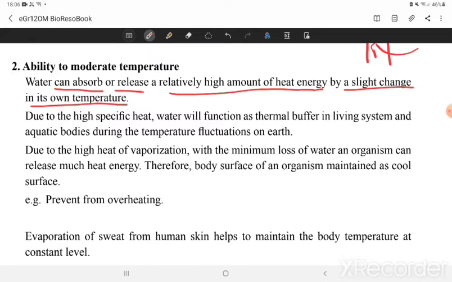So when water releases heat or when water absorbs heat, the change in temperature is not very large, right? Now why is that? That is actually due to the high specific heat capacity of water.